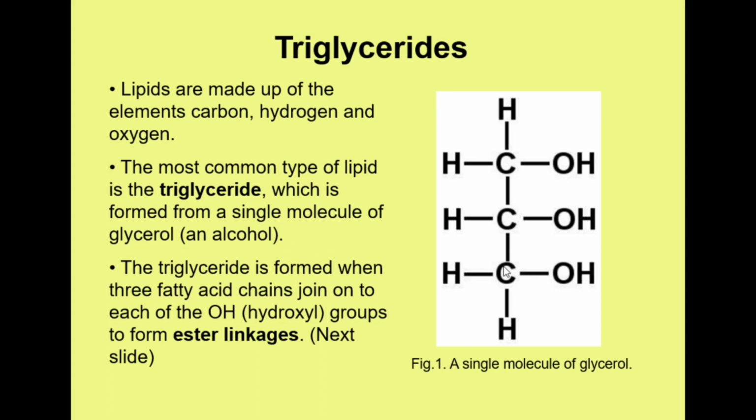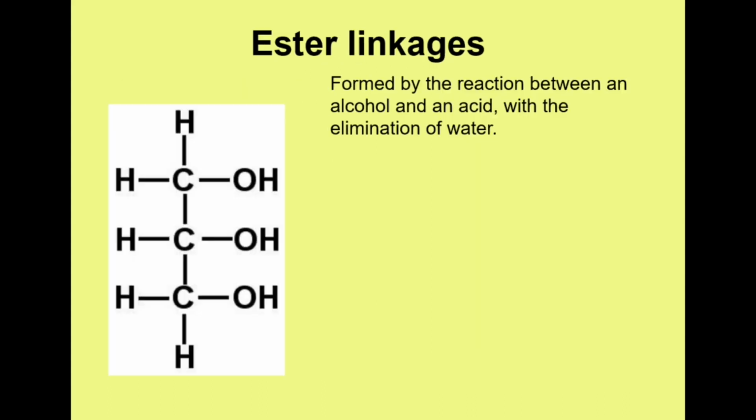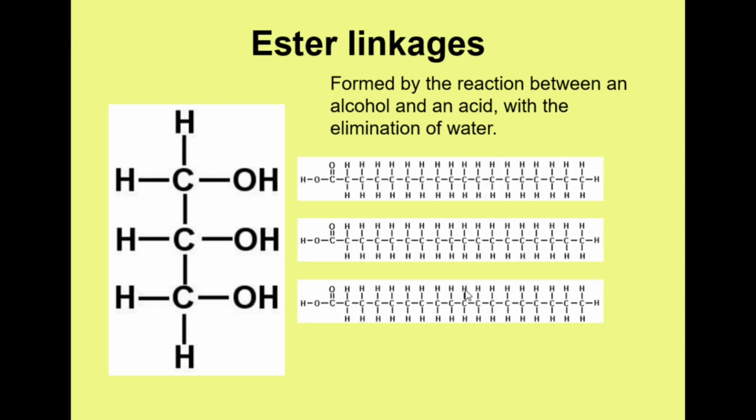So let's walk through that and have a look at what it looks like. Here is our glycerol molecule, and we've got our 3 hydroxyl groups. What we're going to do is take 3 fatty acids. I know that doesn't look particularly pretty when you look at it, but don't worry, it's quite a straightforward molecule.